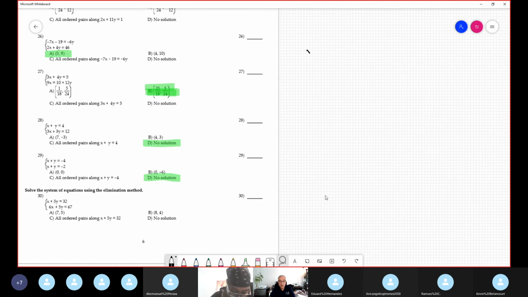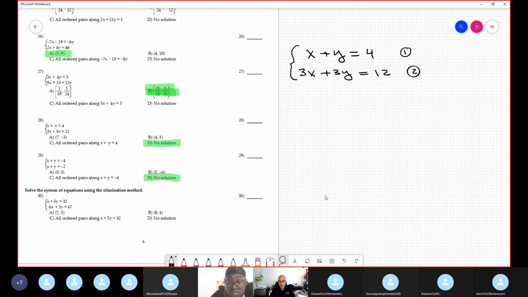I hate that. x plus y, by coincidence, is the same equation, so I switch to this. Okay, 3x plus 3y equals 12. Look at that, something weird happened in this system.